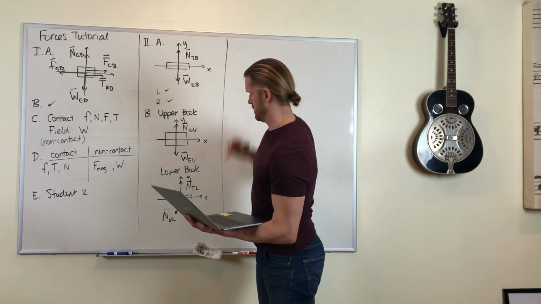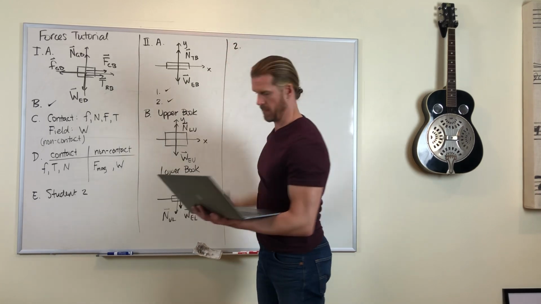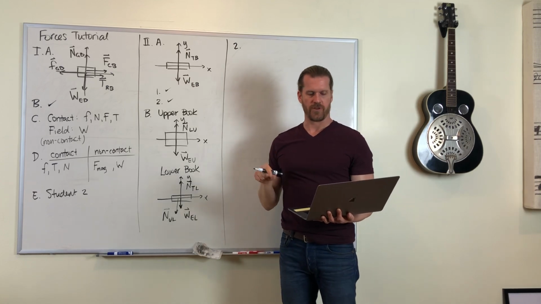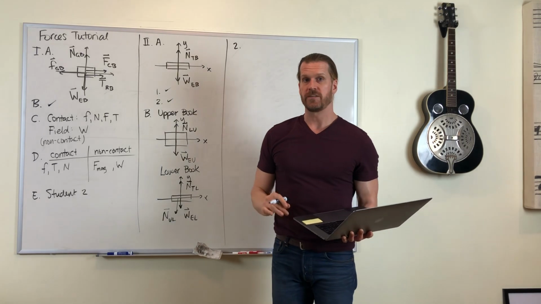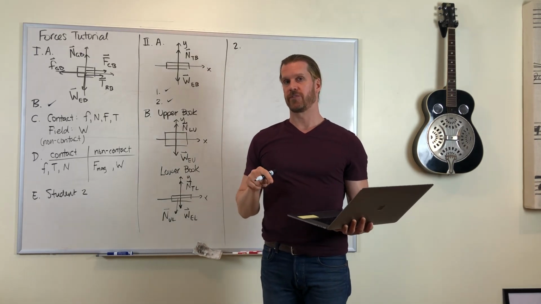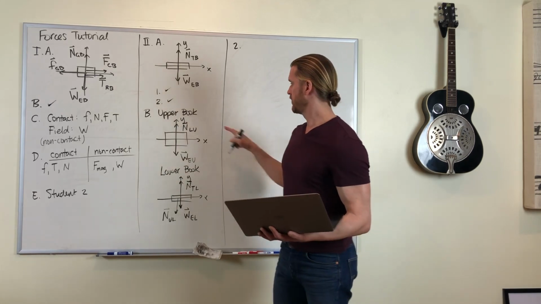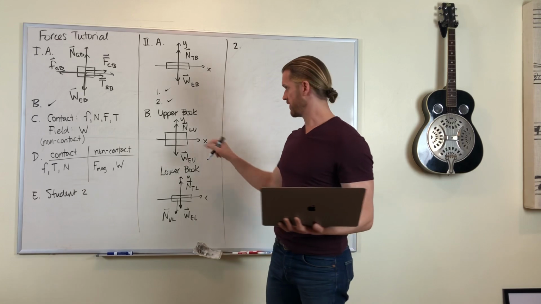Okay, we had some more questions. Question 2. Explain why a force that appears on one diagram should not appear on the other diagram. In a free body diagram, you only draw forces that are acting on the object of interest. So within one particular free body diagram, there's only one object of interest.